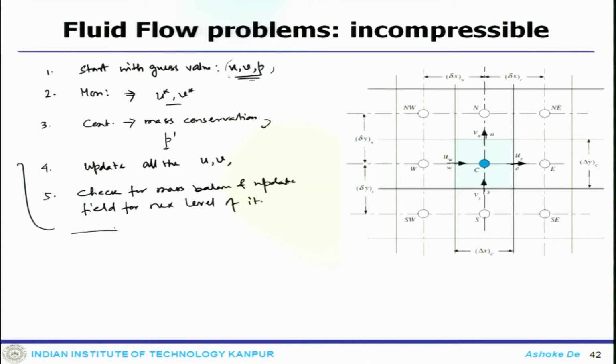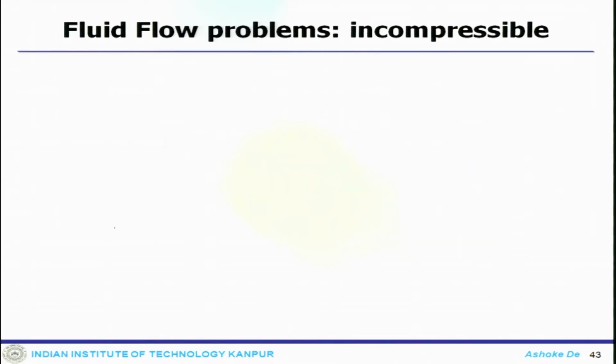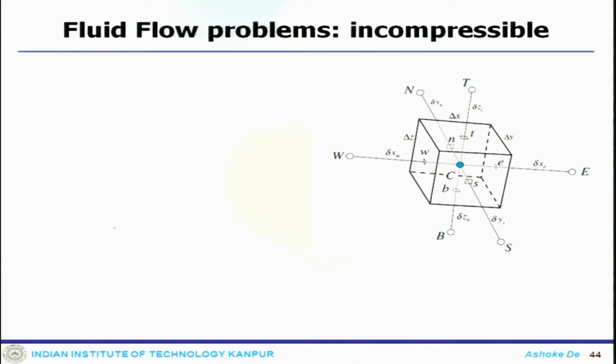Now, going from two dimensional to three dimensional, things would change. If you go to a three dimensional cell, this will be a 3D Cartesian element. There you now get 6 faces.